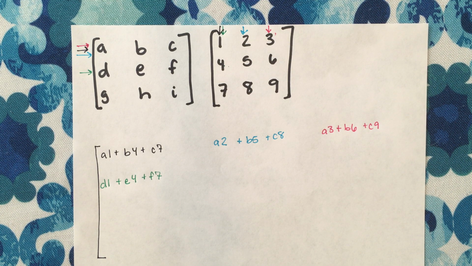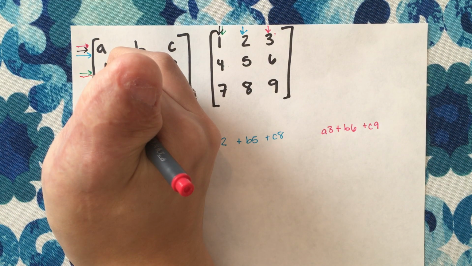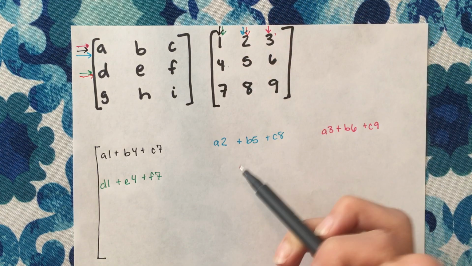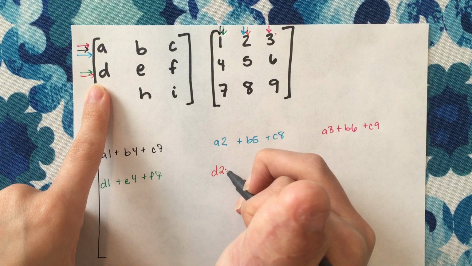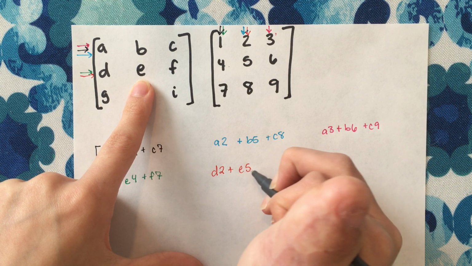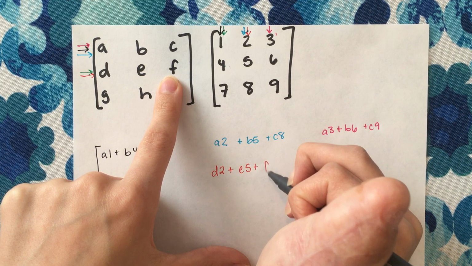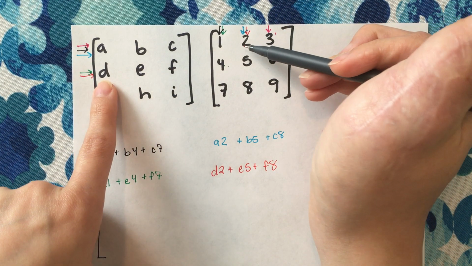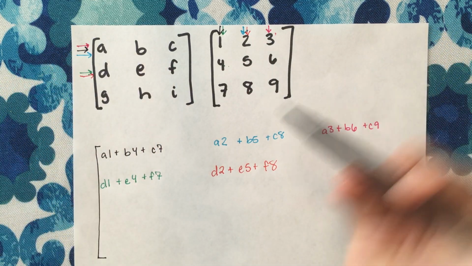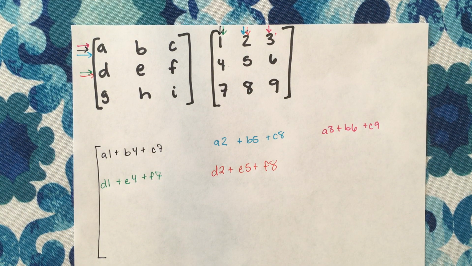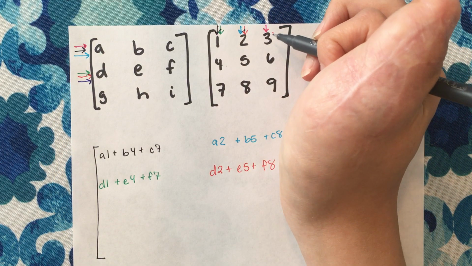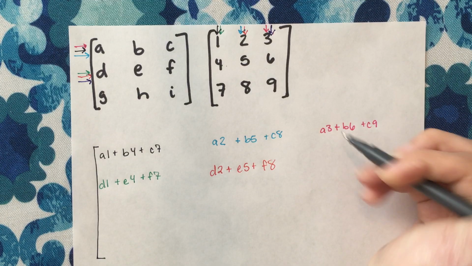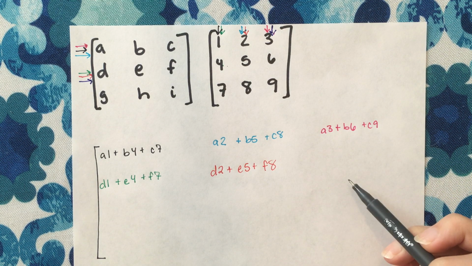All right, next we will do this row, but this second column to get the A22 element. So I'd have D times 2 plus E times 5 plus F times 8. Multiplied, multiplied, multiplied, all three of them added together. All right, now let's do this second row by this third column, and that'll give me the A23 element.